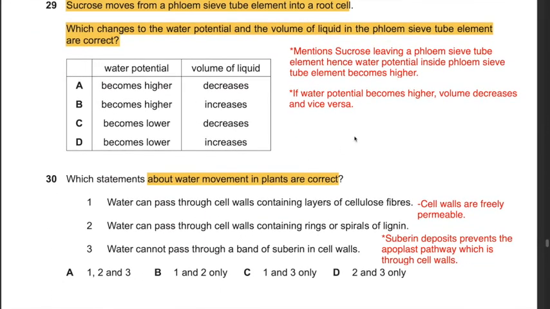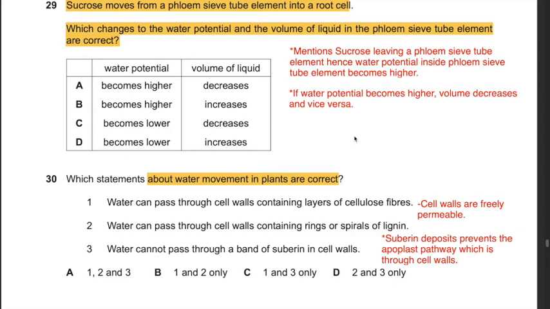Question 29. Sucrose moves from a phloem sieve tube element into a root cell. Which changes to the water potential and the volume of liquid in the phloem sieve tube element are correct? This question right here mentions the sucrose leaving a phloem sieve tube element, hence the water potential inside a phloem sieve tube element should rise, or it should become higher.